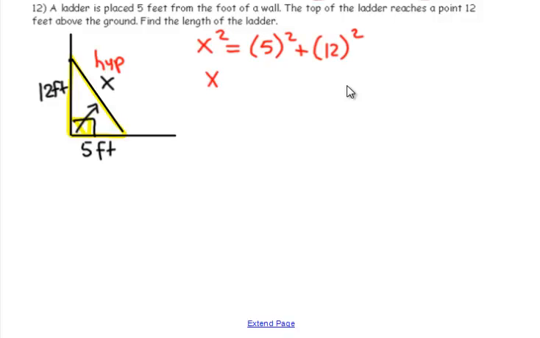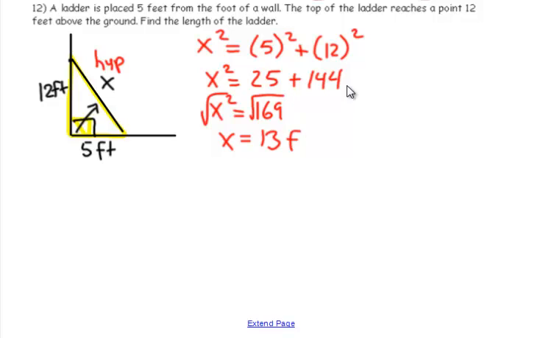So x squared equals 25 plus 144. 25 plus 144 is 169. As we take the square root of 169, is that a perfect square? Yes, it is. So 13 feet, all right? And it's, no specific rounding there, so we're good as we have it.